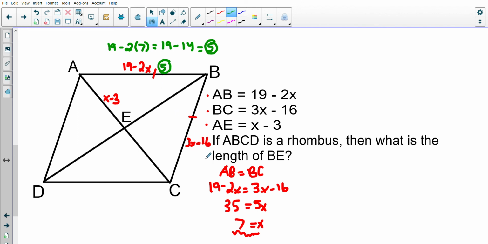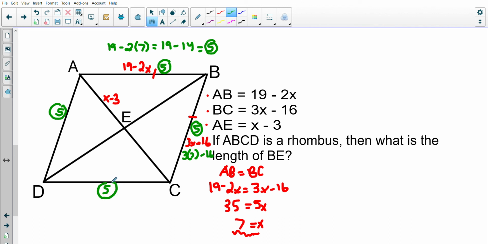So this would be 3 times 7, minus 16, if you want to write it out, you can. So 3 times 7 is 21, and 21 minus 16 is also going to give you a side length of 5. Okay, so all of these segments are 5. Not that we have to put these ones out for DC and AD, but I'll just put it there anyways.